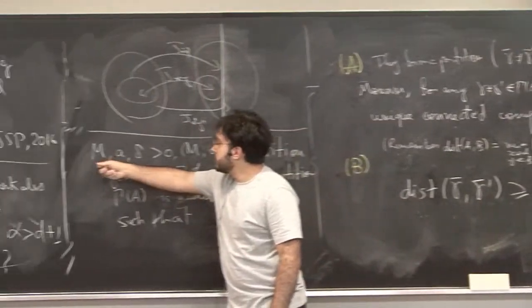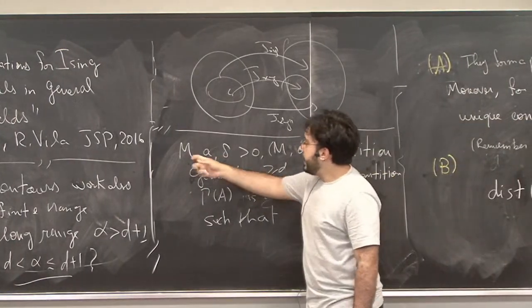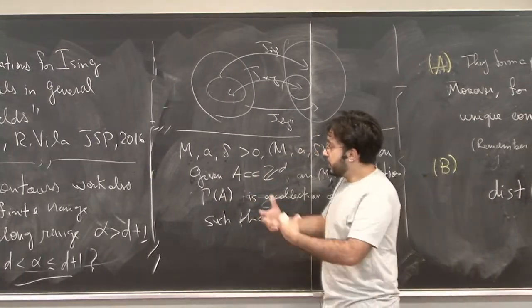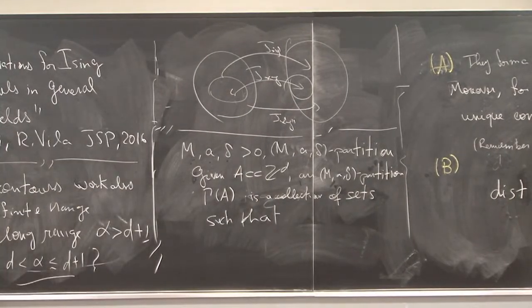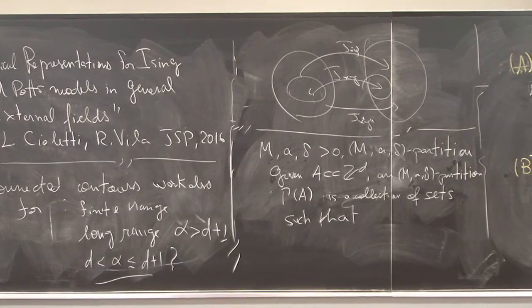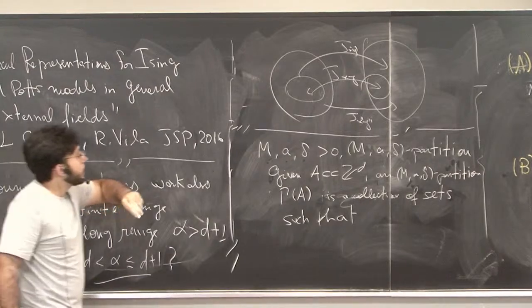Another comment about these quantities right here, m, A, and delta. M will be a constant that is large. We will take it to be large, but depending only on the decaying parameter and the dimension. So we will not worry about this right now.